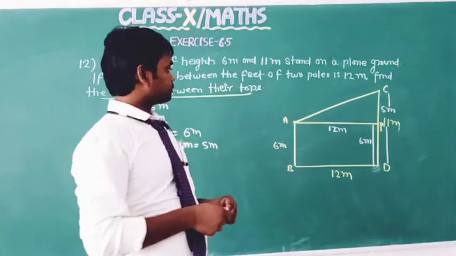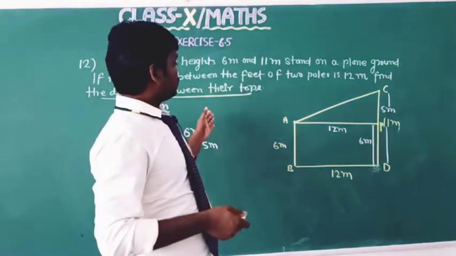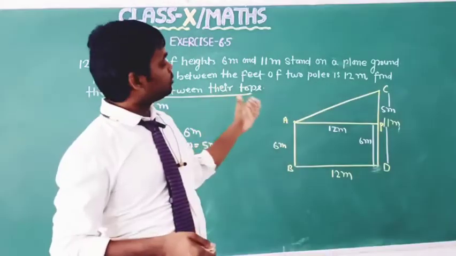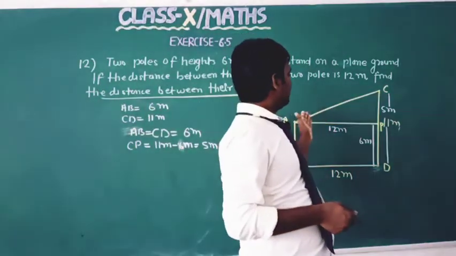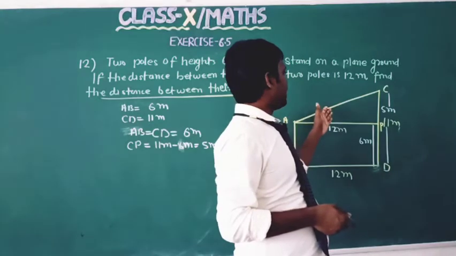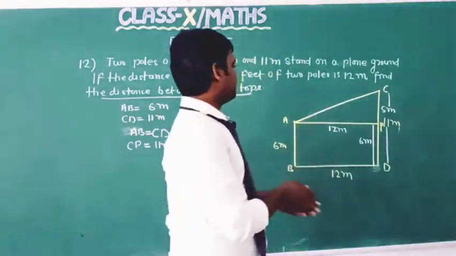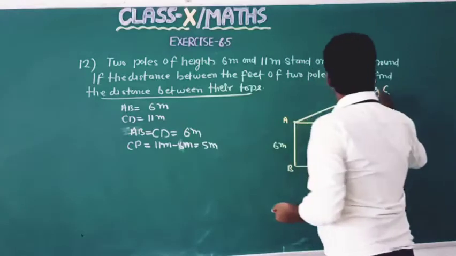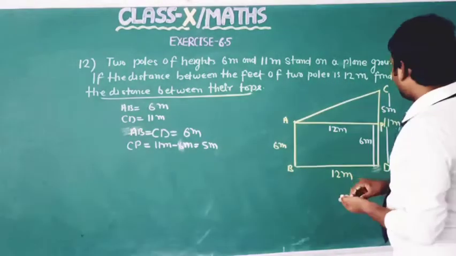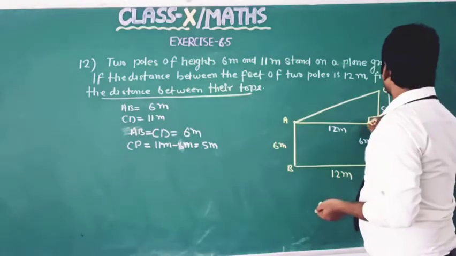And in this question we have to find the distance between the tops. So this is the distance AC. Now look here, APC is a right angle triangle, right angle at P.